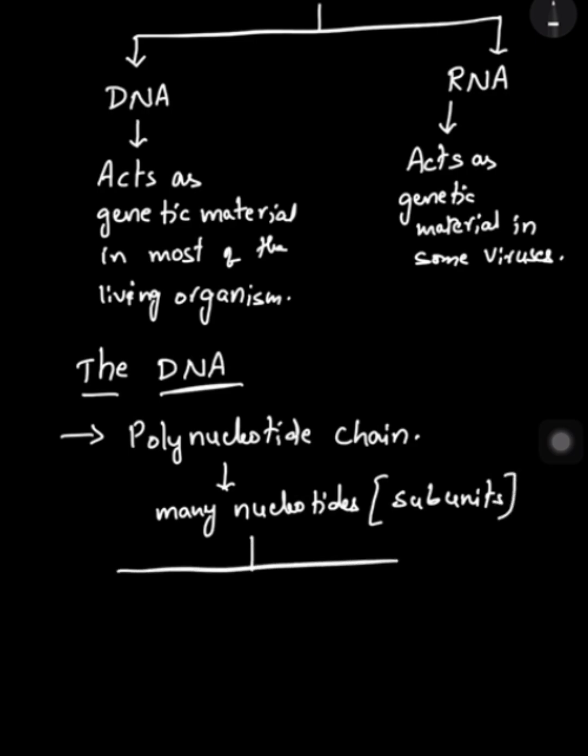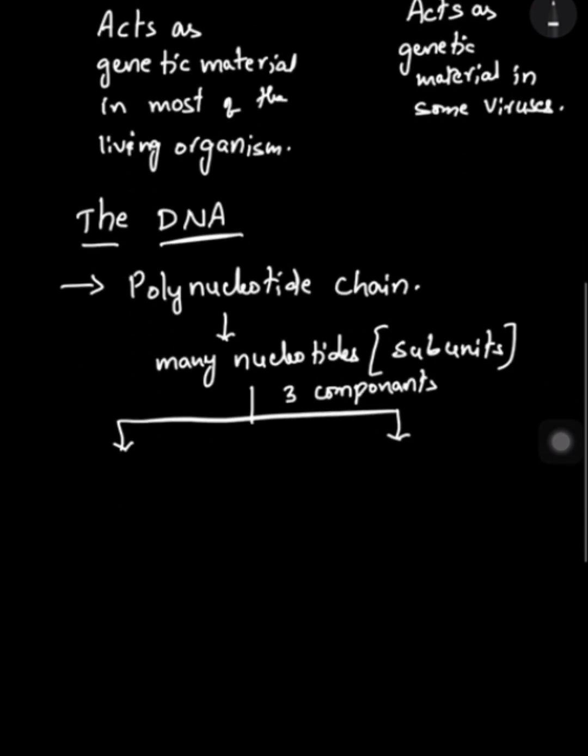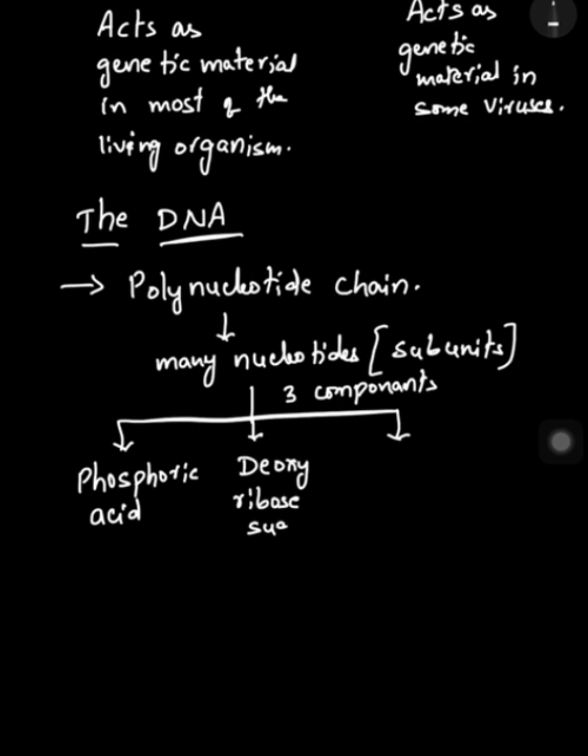That nucleotide has three components. The first one is phosphate group, or we can say phosphoric acid. The second one is pentose sugar. The sugar name is deoxyribose sugar, which is a 5-carbon sugar. And the third one is nitrogen containing base.